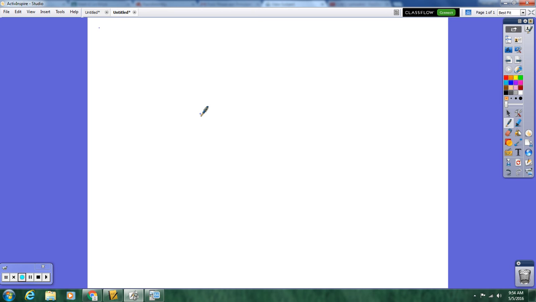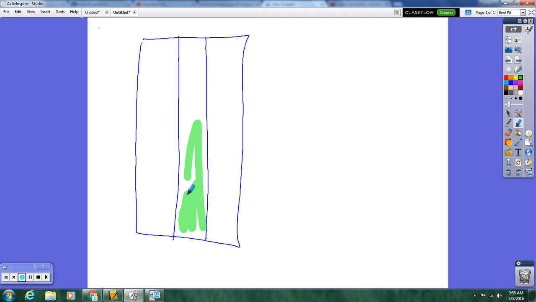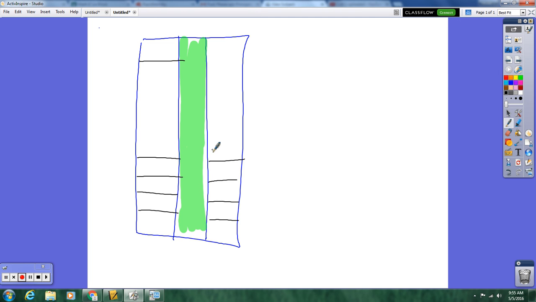Okay, so if I did like a floor plan of the main hall, and I divided it up, here's the hallway, and then I divided up, let's see, my room, alright, so then we have the bathroom, we have the hallway.